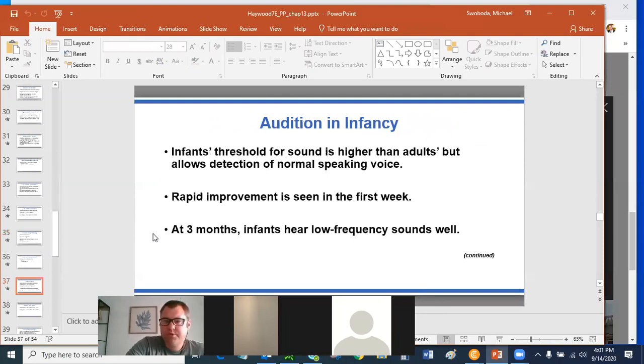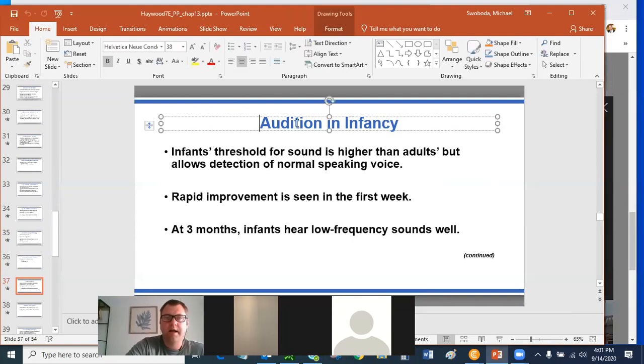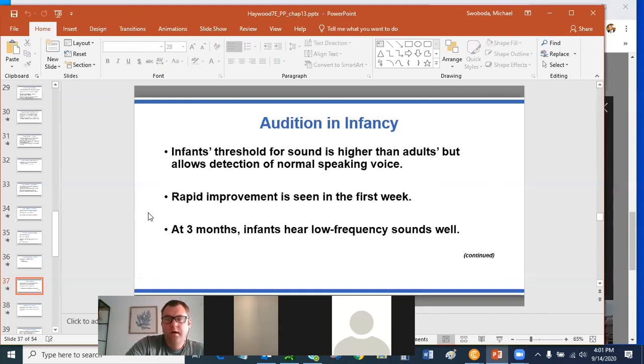All right, and I want to finish up here with audition. This is just how you hear. So think audio. Initially, when you talk about how someone hears and talks, I know for a fact that I tend to talk loud at inappropriate times.